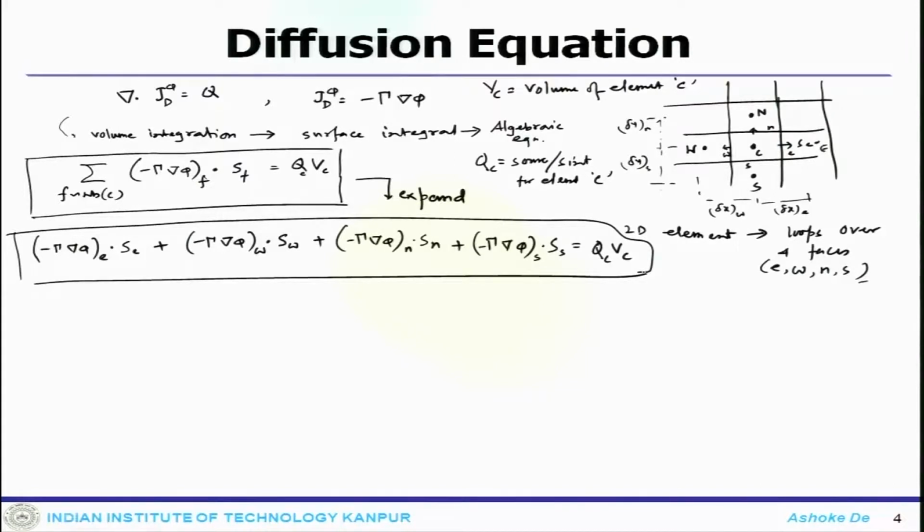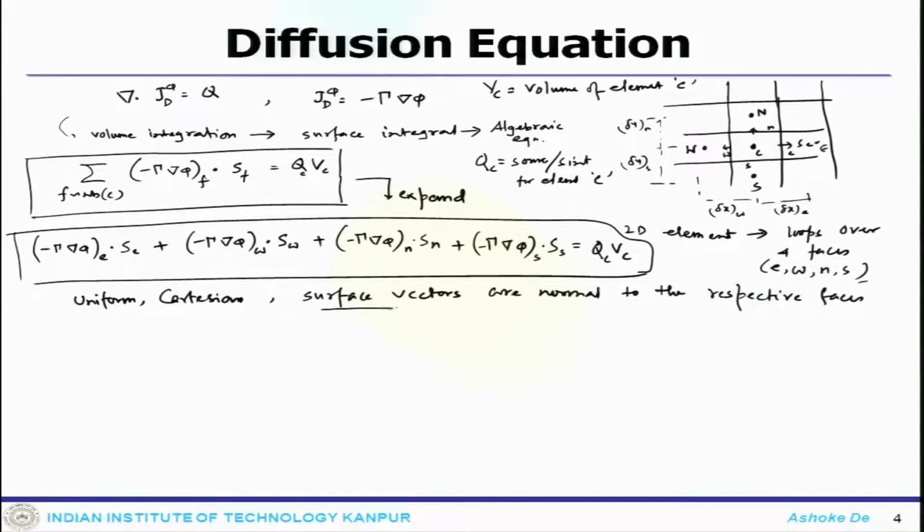Now, this grid is uniform and Cartesian. The surface vectors are normal to the respective faces.